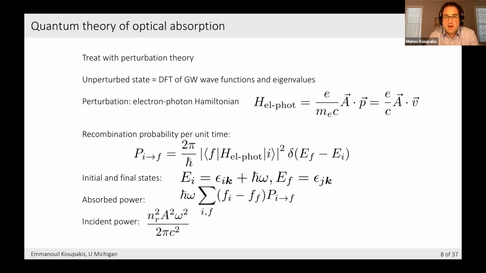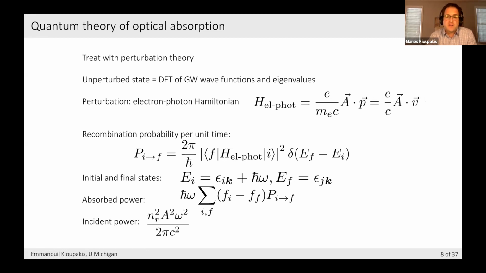And the perturbation acting on the system now is the electron-photon Hamiltonian given by the vector potential that you see here, where A is the vector potential of the photon field. And v, you can use the momentum gauge or the velocity gauge. The velocity gauge is more appropriate when we use pseudopotentials. Both are accurate if you have actual potentials, the full Coulomb potential. But when you use pseudopotentials, the velocity gauge is the right way to go.